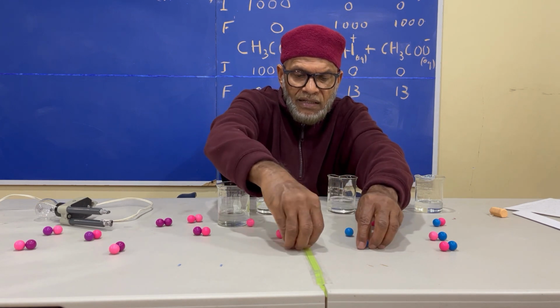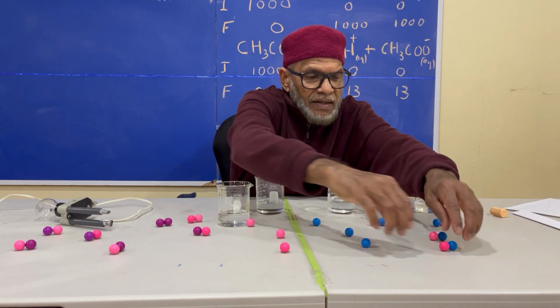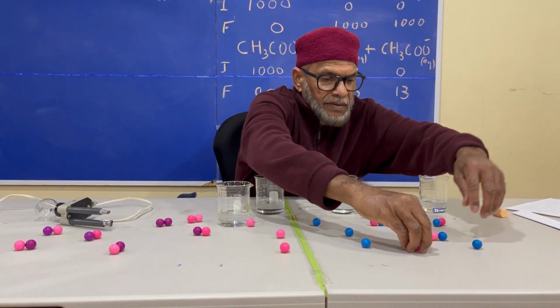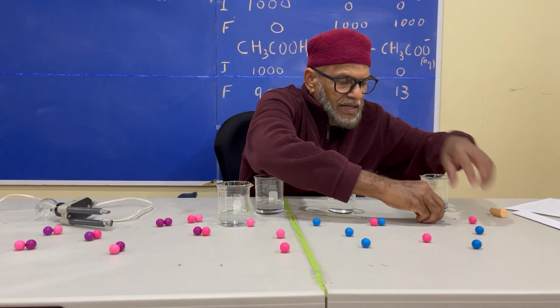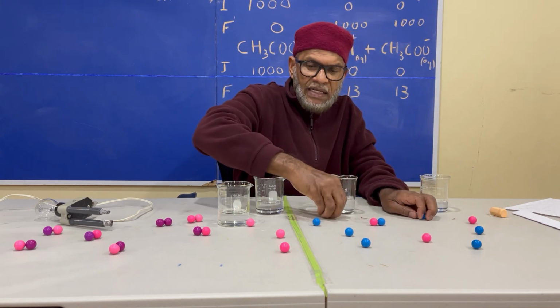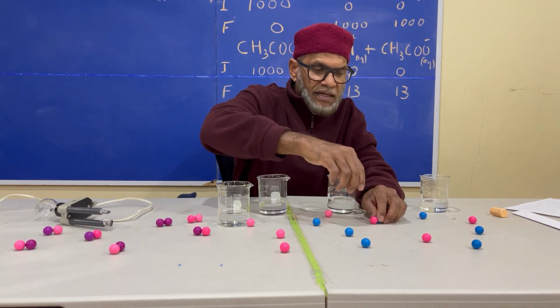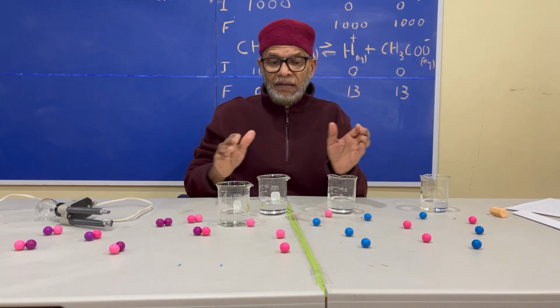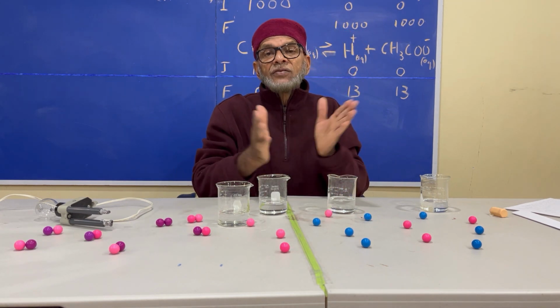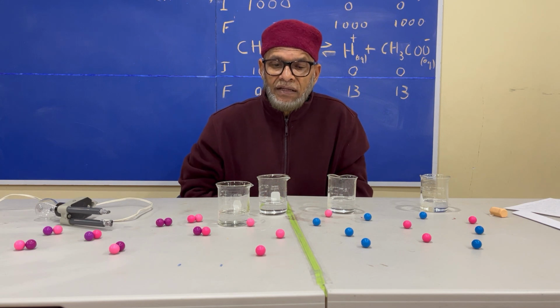You can watch that. Here, they're breaking apart, they ionize like that. It is said that for acids such as hydrochloric acid, there is 100% ionization. And because of that, we have this high conductivity.